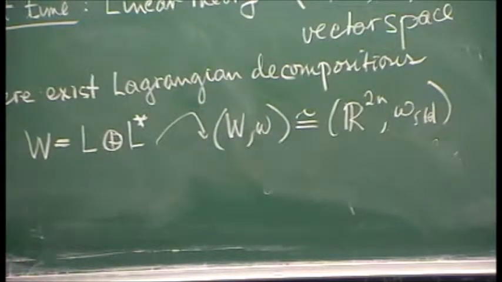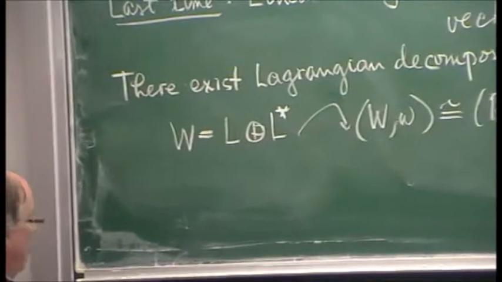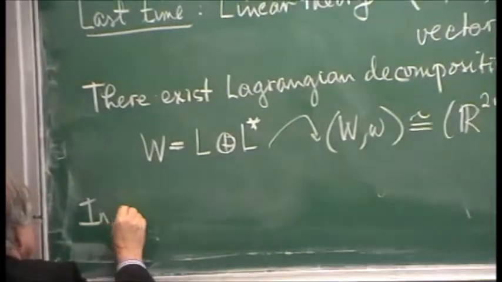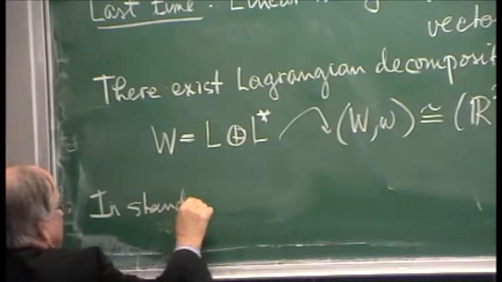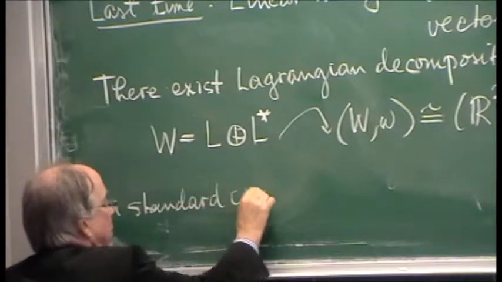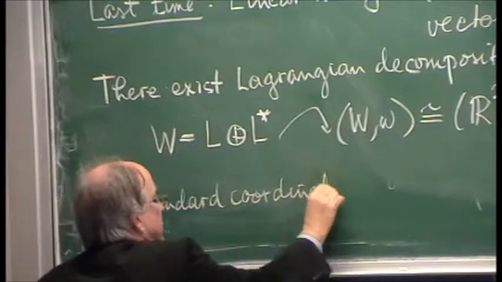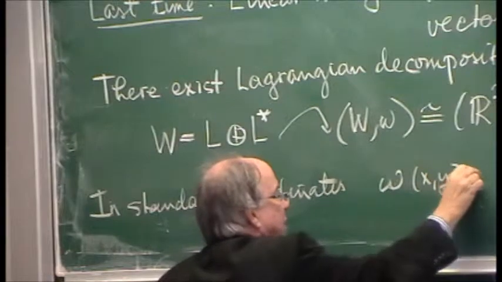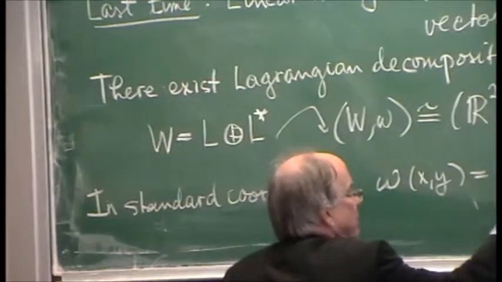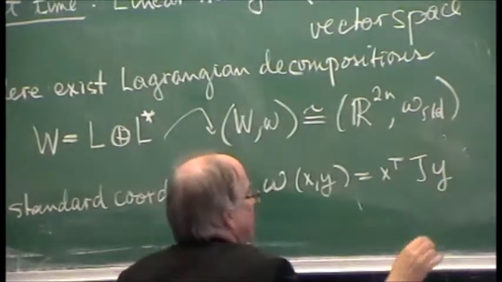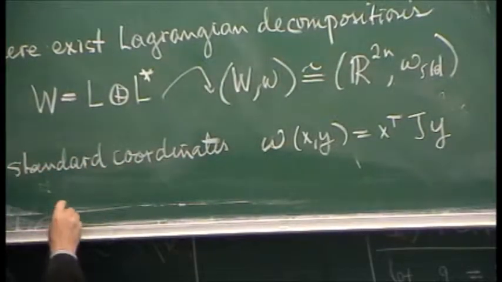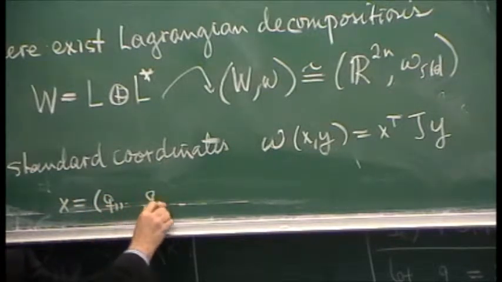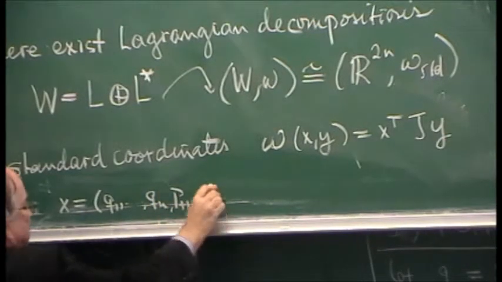So there's a change of coordinates to put the symplectic form in standard form, and that means in the standard coordinates of R2n, the symplectic form, I wrote down last time, it's X transpose J X. Now maybe we should even use physics letters, so X should be Q1 through Qn, P1 through Pn.